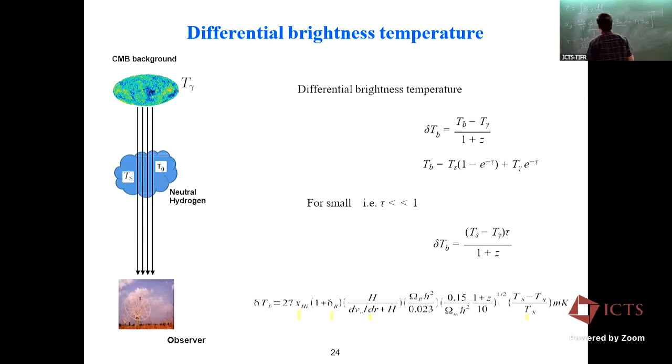One can write this equation in terms of this, and if you use all these relations, you will get here.